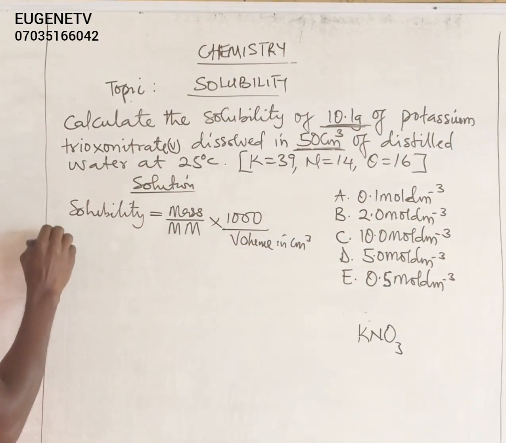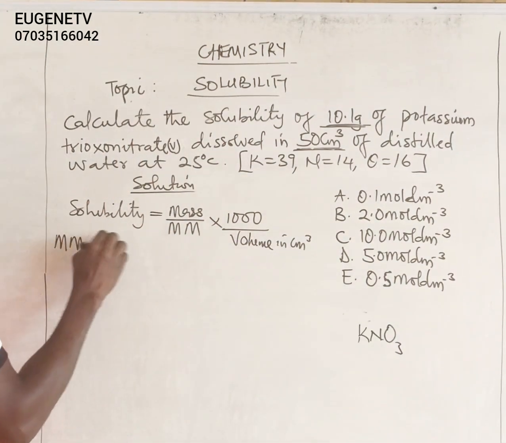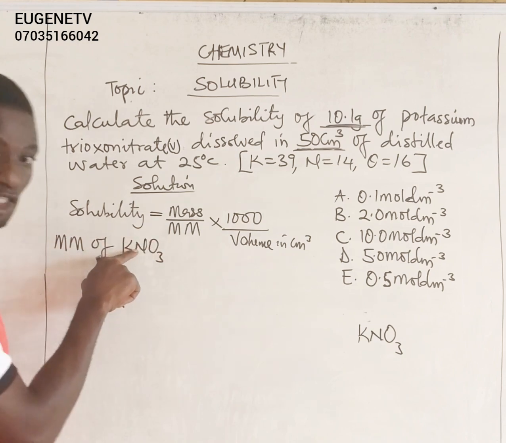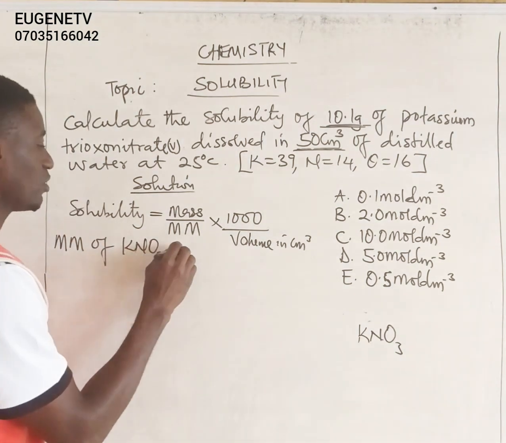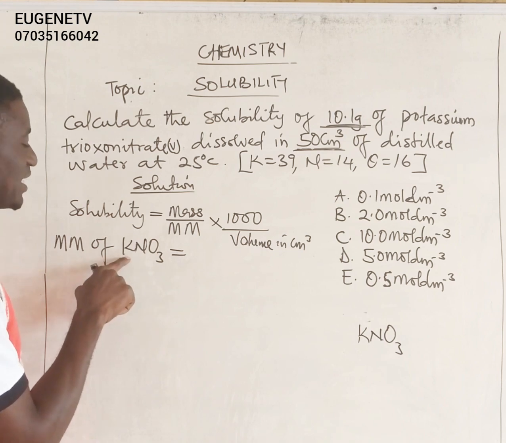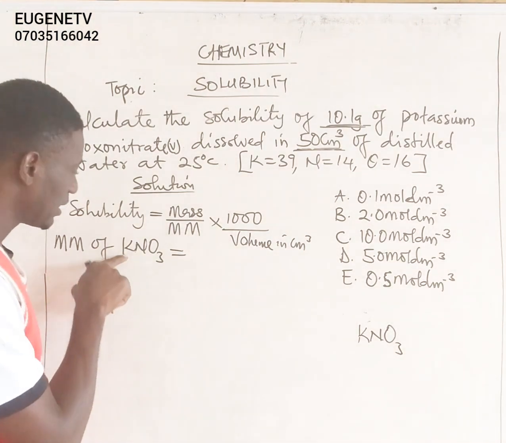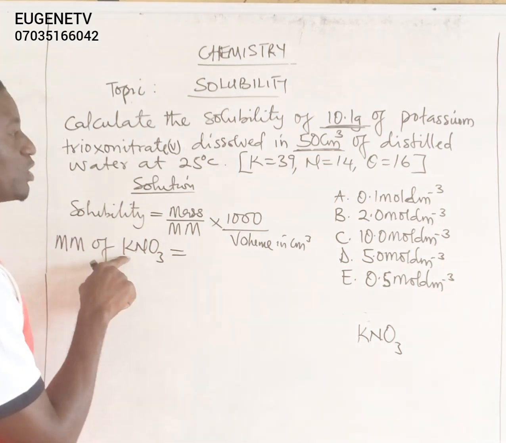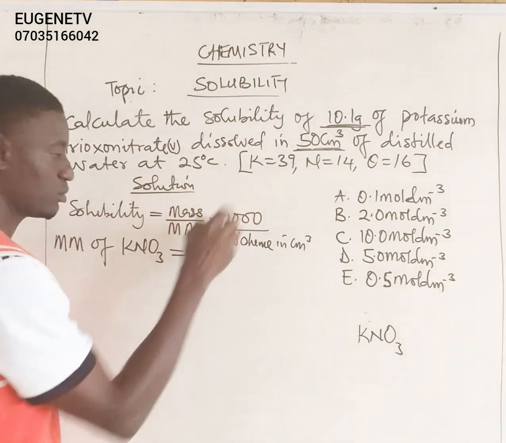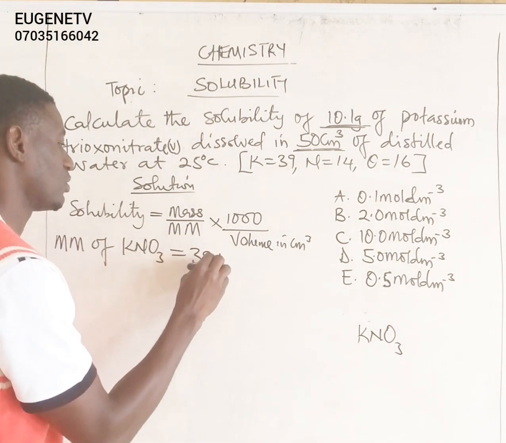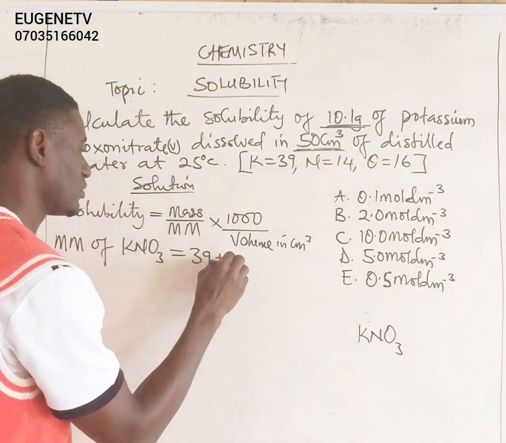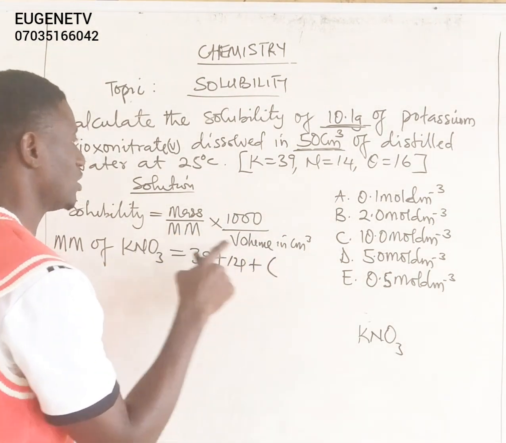We say M of KNO3, this simply means molar mass of potassium trioxonitrate(V). We solve it this way. We simply add the atomic masses of all the elements that make up this salt, or this compound, or this molecule. The first one is potassium, and the mass of one atom of potassium is given to be 39. The next one is nitrogen. The mass of one atom of nitrogen is 14. The next one is oxygen.